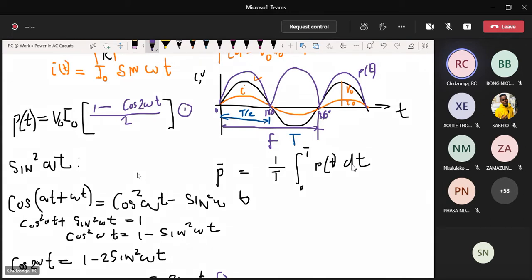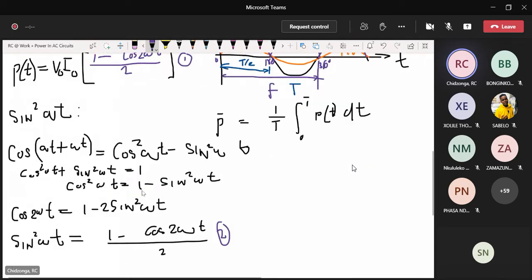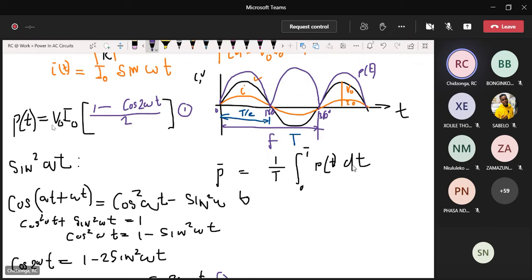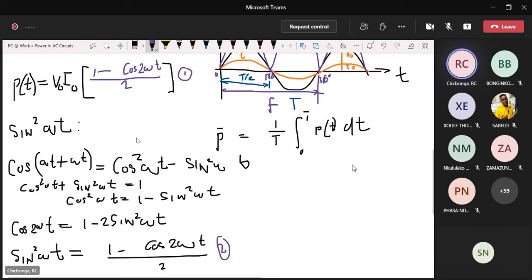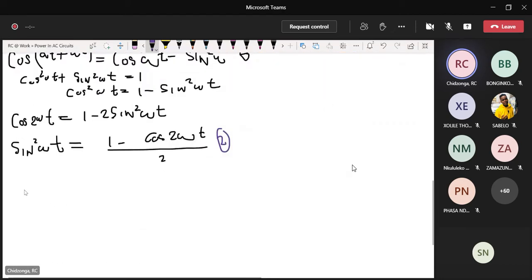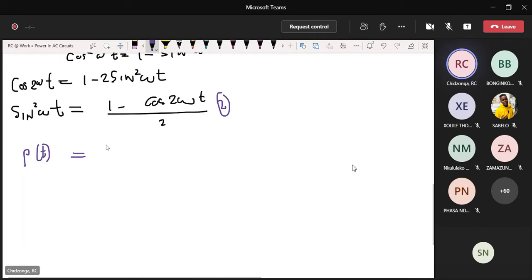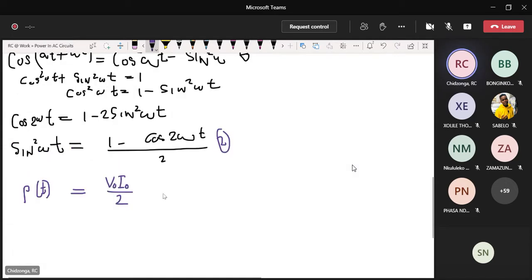I'm going to rewrite equation 1 at the bottom here, taking out the brackets and separating it into 2 terms. So I'll have P(t) is equal to, the first term is going to be V peak I peak times 1 divided by 2, so I'll write it like this, over 2.